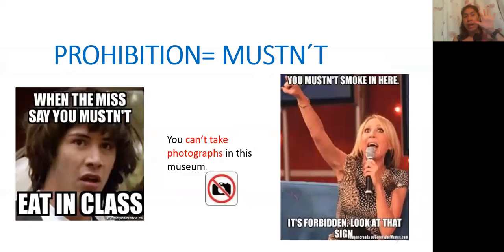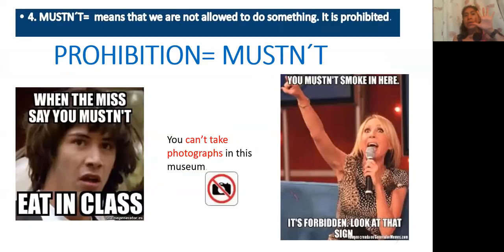Now, move on to the 5. When we express a prohibition, we use mustn't. It means that something is not allowed for us. It's prohibited. Careful. Negative expresses a prohibition.